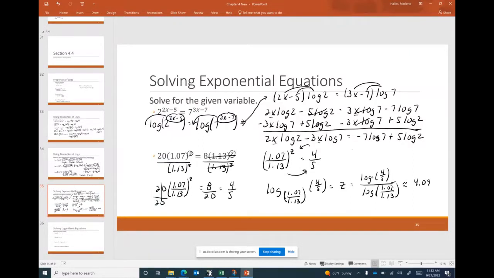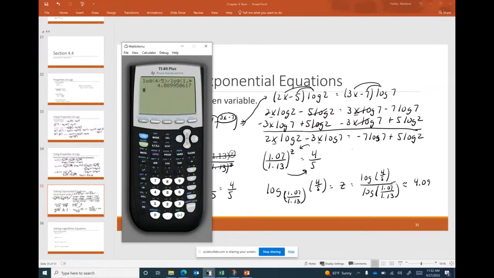Now you wouldn't have had to use the change of base formula if your calculator does it. I believe my online calculator does have, let's see, where would that be at? Under math, my log base function. See if I can get down there to it. There it is.